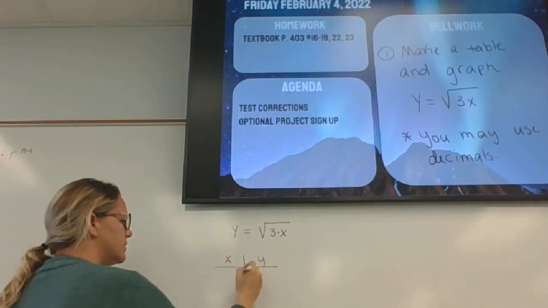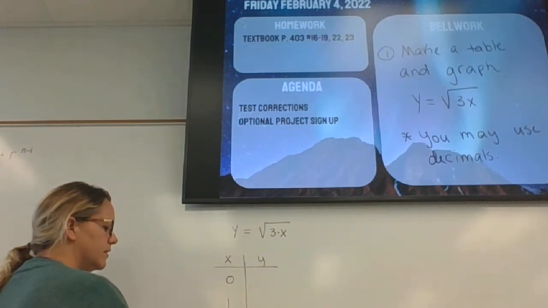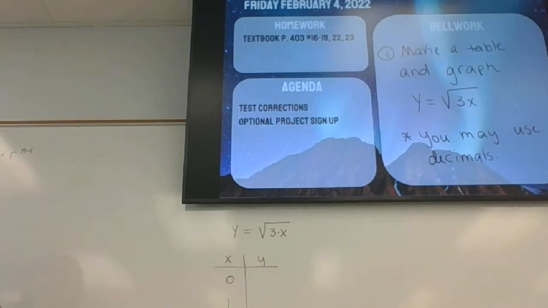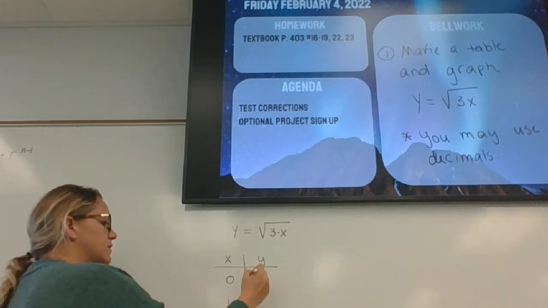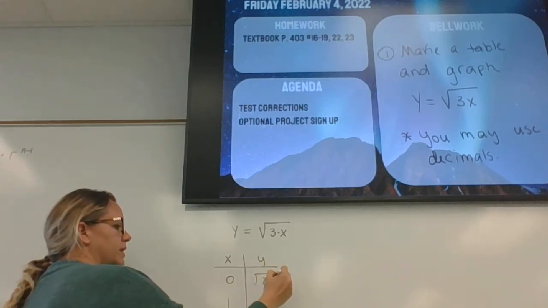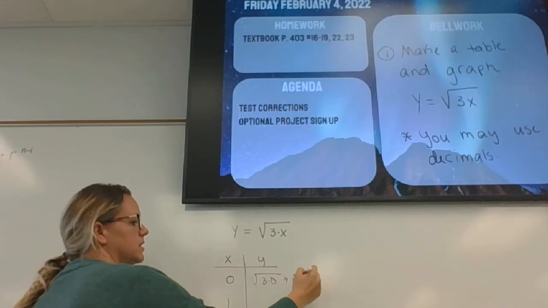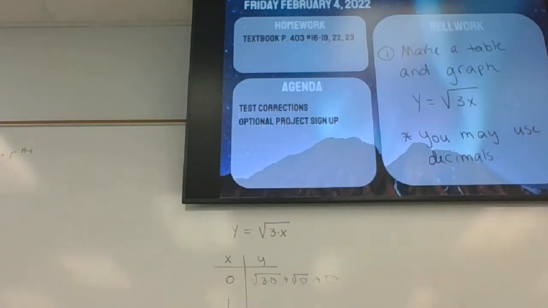So if you rely on this table, because these are perfect squares, it's unfortunate that multiplying by 3 means they're no longer perfect squares. So the square root of 3 times 0 is 0, so that works. Let's go from there, get some decimals out.